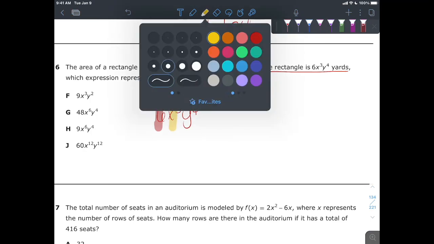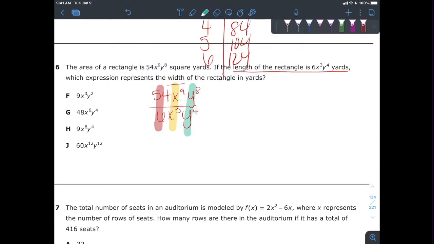So I'll deal with my numbers, then my x's, then my y's. 9 minus 3, 8 minus 4, and I've got my answer. Now I just want to verify that I have the correct answer, that it is H.